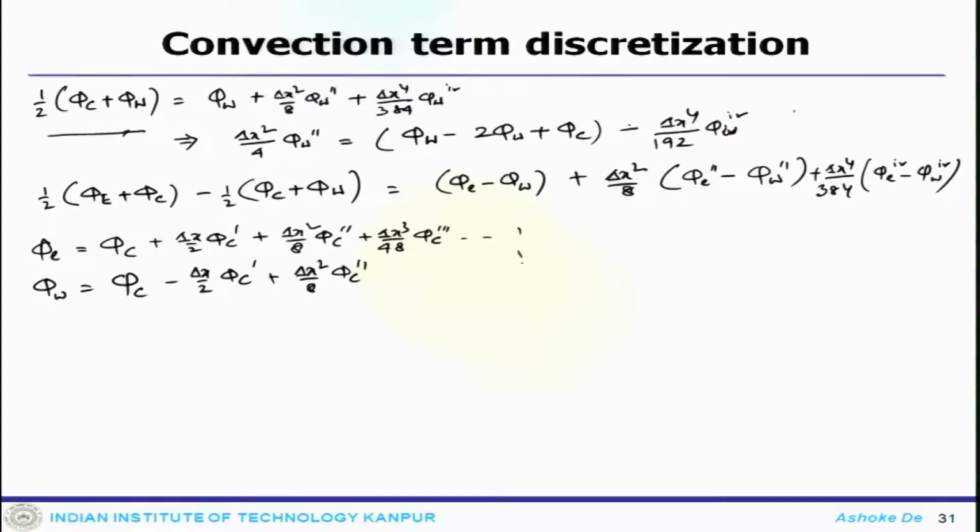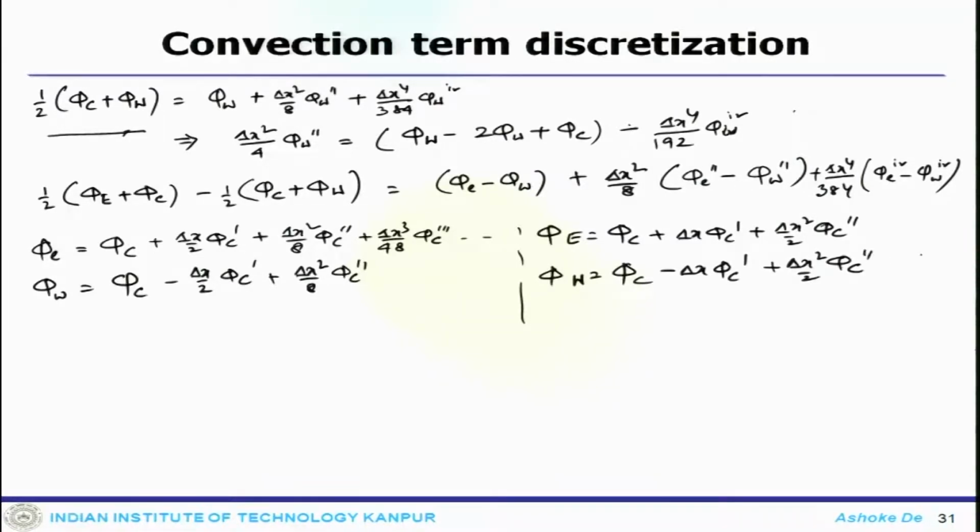In addition to that, similarly one can write phi e equals phi c plus delta x phi c prime plus delta x square by 2 phi c double prime and so on, and phi w equals phi c minus delta x phi c prime plus delta x square by 2 phi c double prime and so on. So, in terms of the cell center value phi c, you can obtain all these expressions. Now, we got this set of information, another is this.